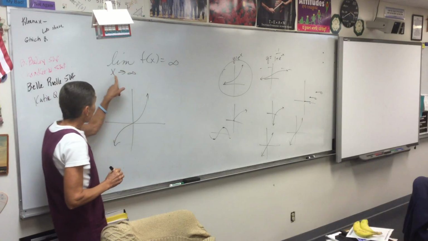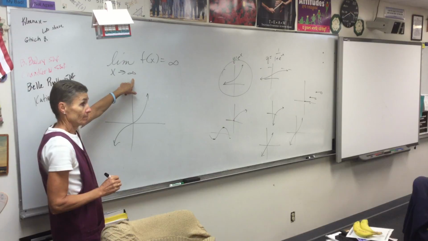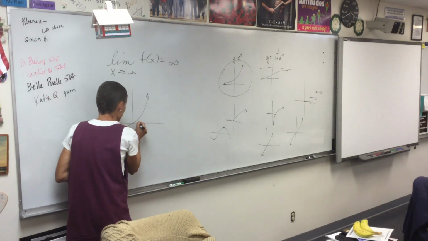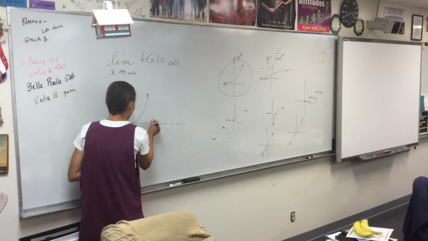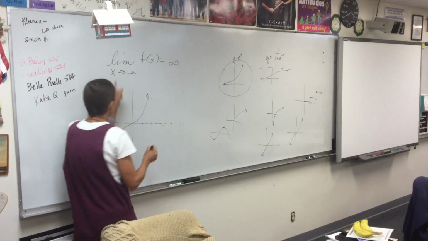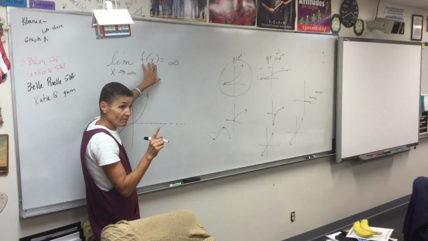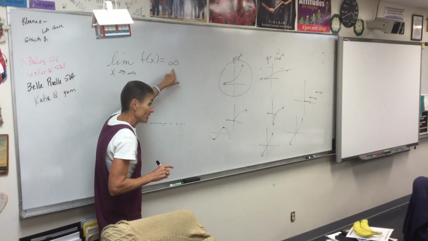This says, as you let x go to infinity. Okay, so that's this way, right? So we're going this way. We're marching out this way, plotting points. So out here, we're plotting these points, okay? As x goes to infinity, y, f of x, also goes to infinity.